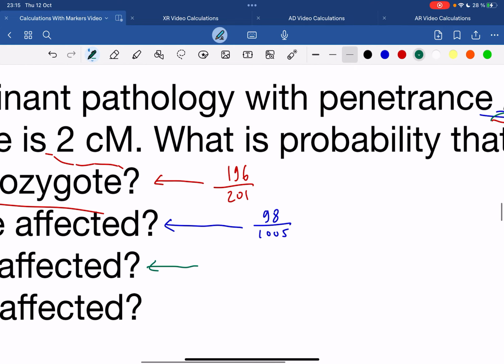That's what we would get here for this child's chance to be affected. You can see it's pretty low.